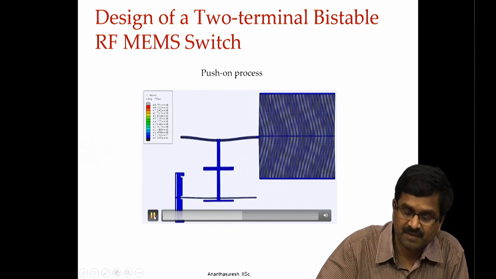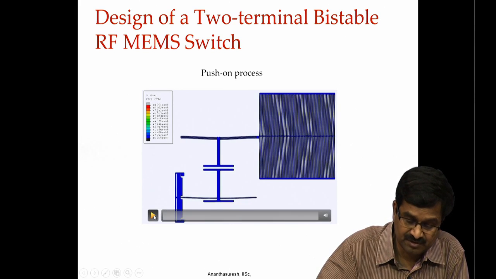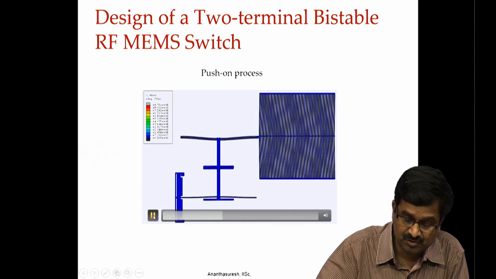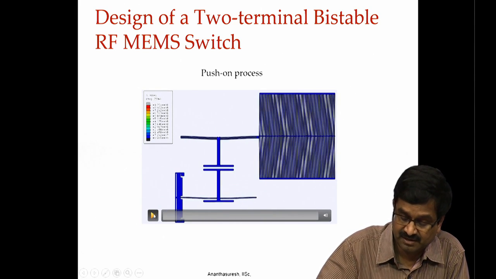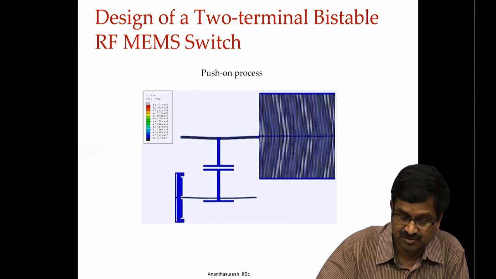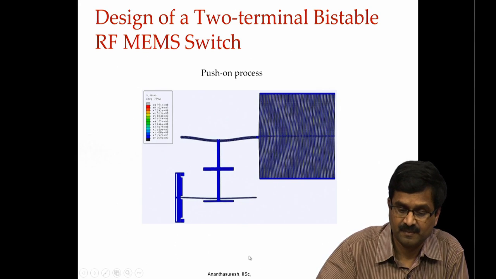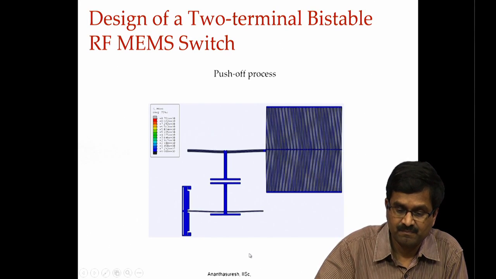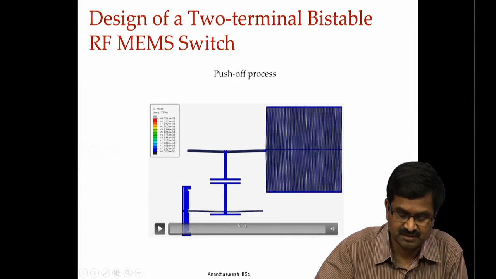It is a very small micro switch, and even this displacement is very small with 2 actuators, but with a 2 terminal electrical connection, it can switch back from one state to another state. This is the push on process, this is the push off process.